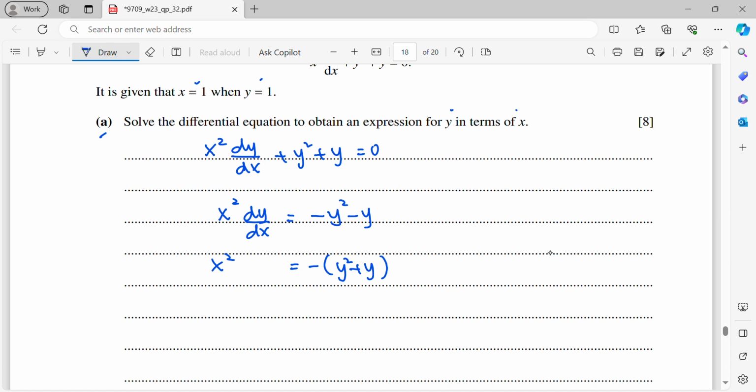Then the minus can be factorized. Then here I will get x squared dy over dx. Okay, so now I will move the dy, because the dy is the numerator. So all your y should be on the left side, and the x should be on the right side. So it means that now I will get negative 1 over y squared plus y dy equals 1 over x squared dx, and then integrate both sides.